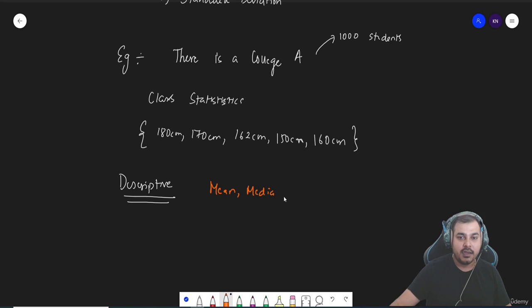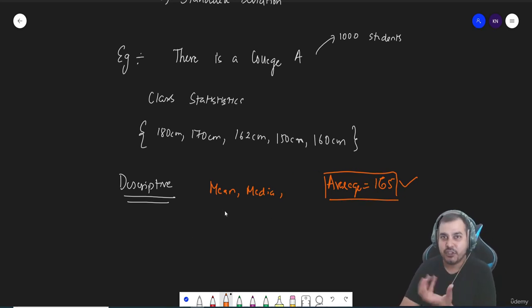I may say that the mean height of this particular sample or median height of this particular sample is so and so centimeters. Mean basically means average. So the average probably is somewhere around 165 centimeters. Let's calculate it and find it out. I've just randomly written it. So this is how descriptive statistics is basically done.